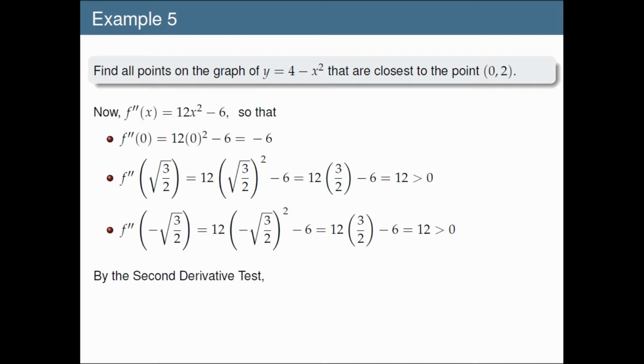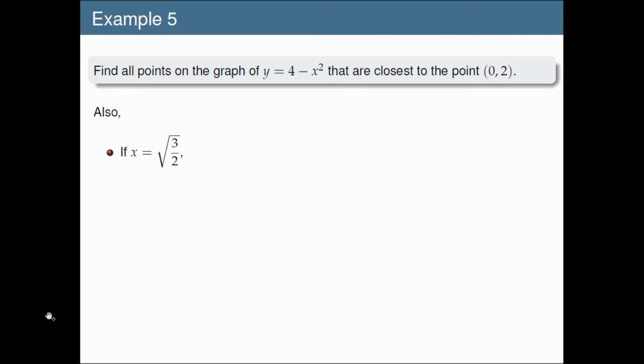By the second derivative test, if x equals square root of 3 halves or negative square root of 3 halves, since f double prime of x is greater than 0 and f prime of x is equal to 0, then f has a relative minimum at x equals square root of 3 halves and at x equals negative square root of 3 halves. Take note that we want to minimize the value of the function f. When x equals 0, hindi siya, kasi magiging relative maximum naman siya.